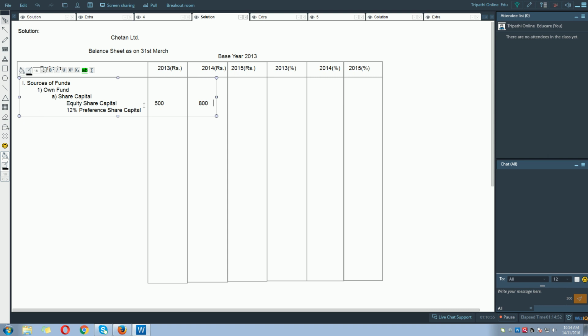So now we can start. First, sources of funds, and first will be own fund.